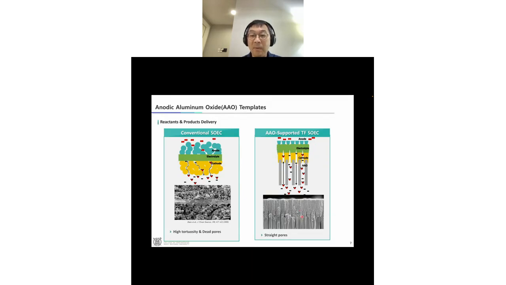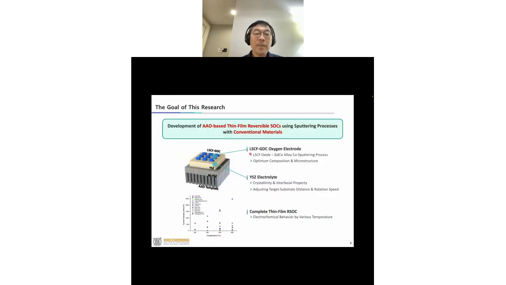So this is an example of how this structure is made, and I'm going to explain some details about the process, how to make these types of structures. The structure looks like this cell. Starting from the nanopore porous alumina support, we use a typical solid oxide cell.